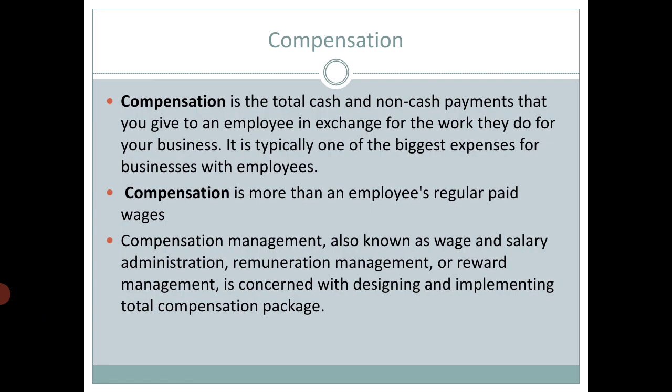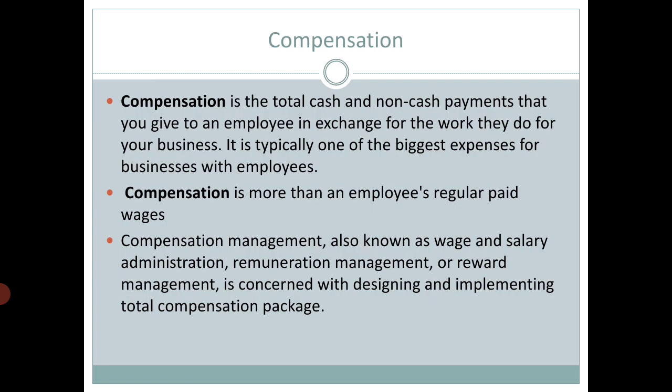When it comes to compensation, it is something more than the regular salary or wage paid to the employee. Something extra is paid by the employer to the employee, and it is included in compensation.